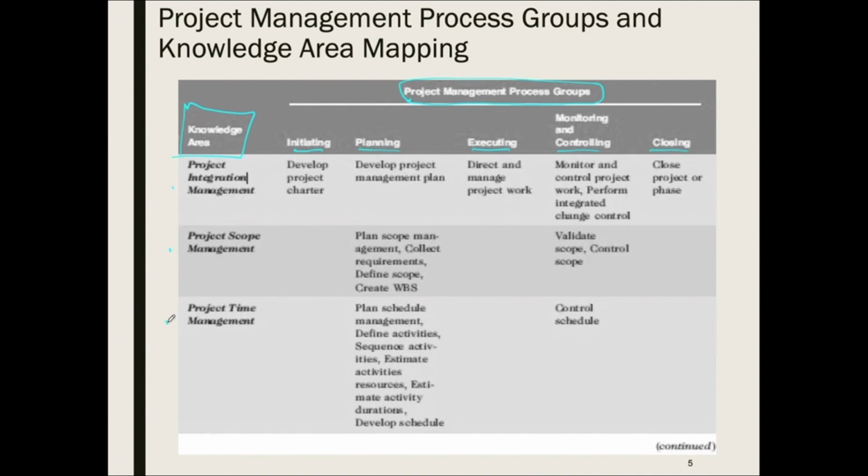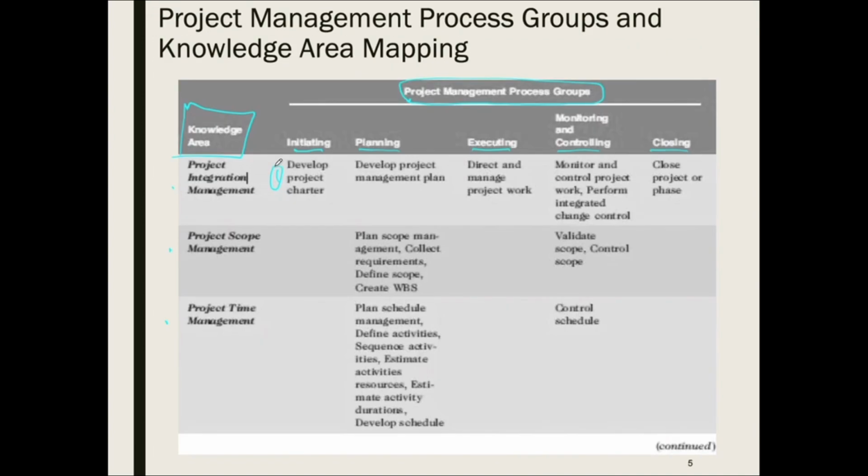Here you can see what are the processes that you're going to do in the initiation phase. We have 1, develop project charter. This is a process. You have to develop a project charter, and there will be a deliverable on this. Is this the only process that you are going to do in the initiation phase?